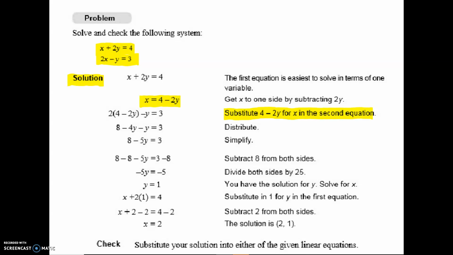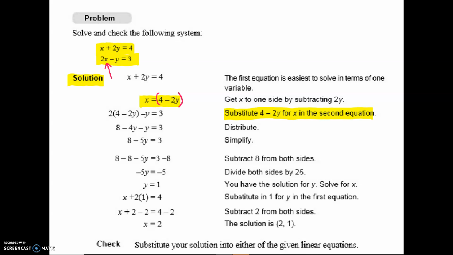So what that means is if you look here at the second equation, here is where x is located. So we're going to take what x equals here, which is 4 minus 2y, and we're going to plug it in for x here, replacing the x in that equation. So this is what it's going to look like now.